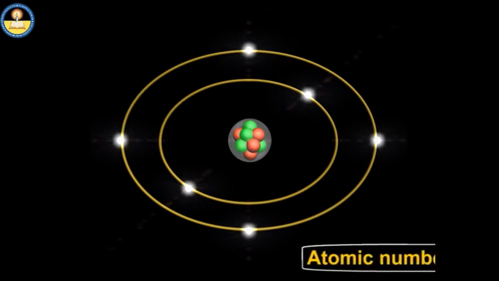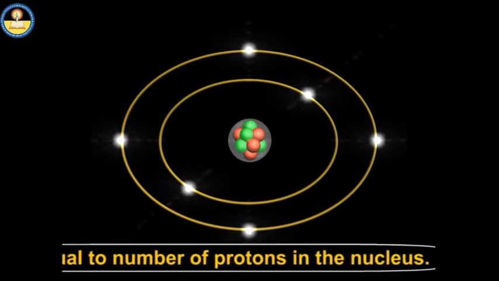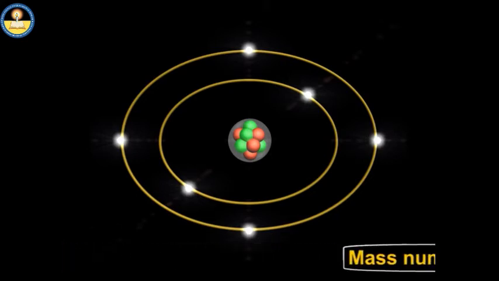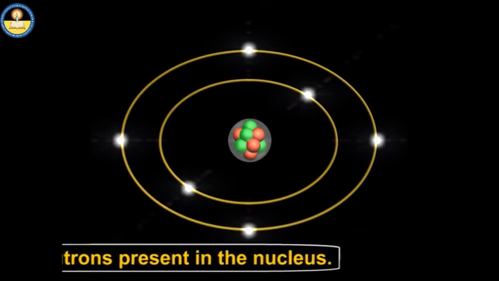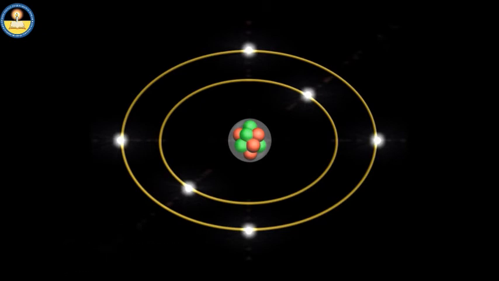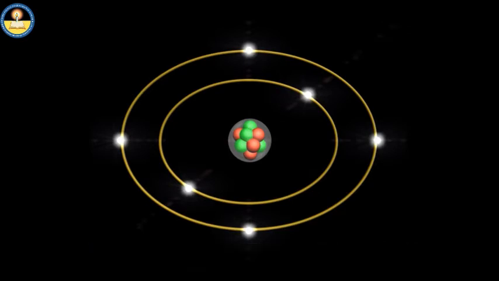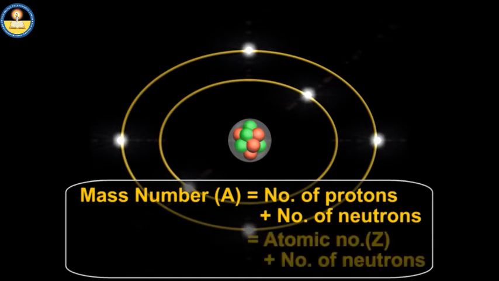Atomic number of an element is equal to the number of protons in the nucleus. Mass number is the sum of protons and neutrons present in the nucleus. Atomic number is equal to the number of protons. Mass number is equal to the number of protons plus the number of neutrons.